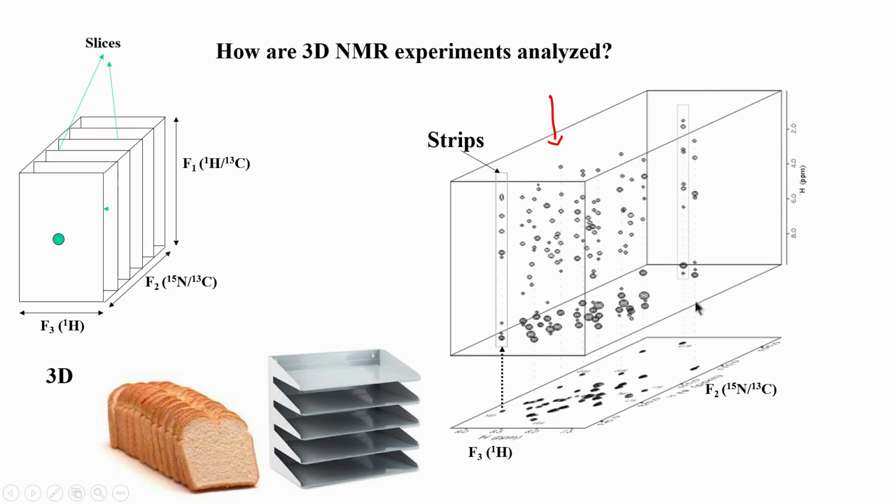This is how one can visualize it. For example, look at this strip here, this strip corresponds to this peak here. So, every peak has a corresponding strip in the third dimension. Strips and projections are the 2 concepts one has to understand very carefully in a 3D NMR experiment, and that is how we will be analyzing the data.